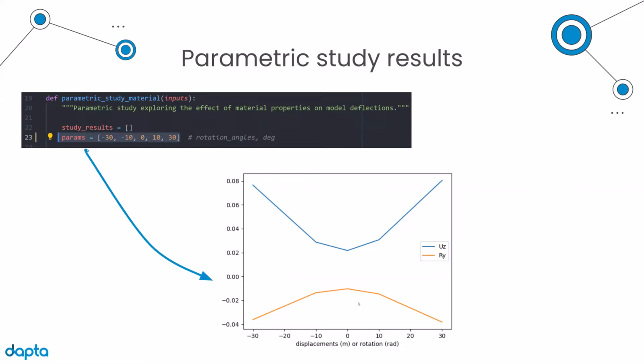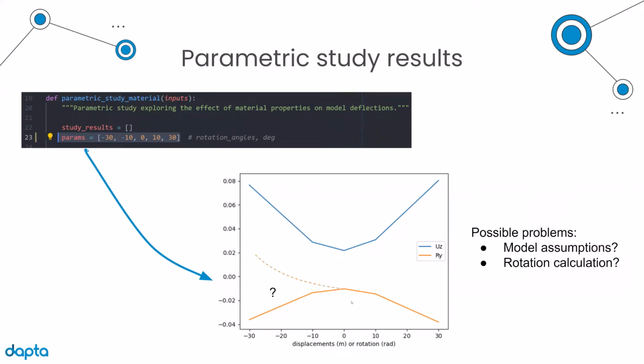And the surprise here is that we're not actually getting it. So something went wrong in our model definition. In fact, what we expected to see was these rotations to become positive as we have negative rotation angles of the material. Now, why are we not getting this?